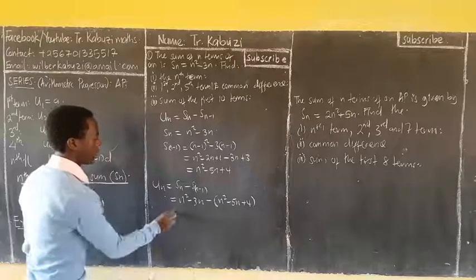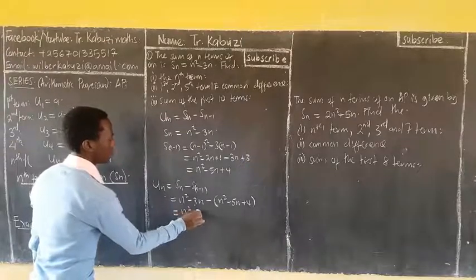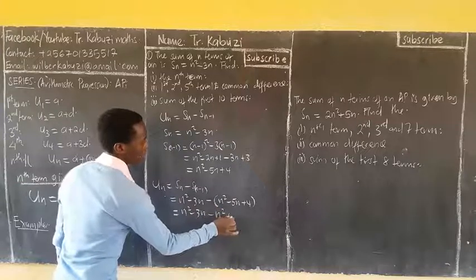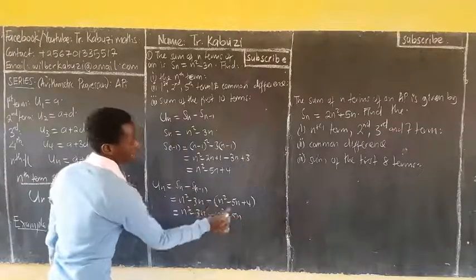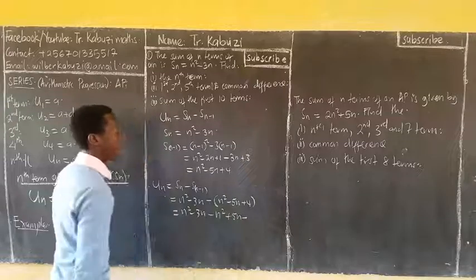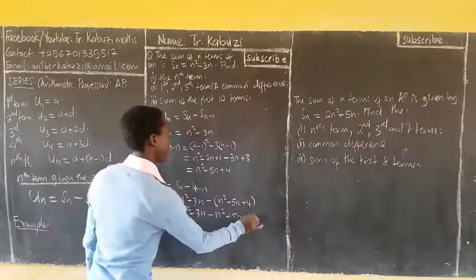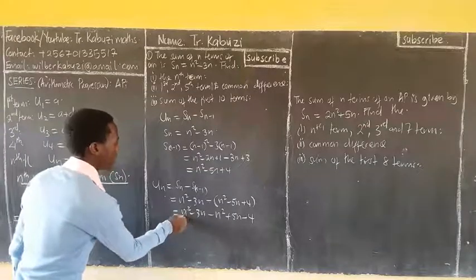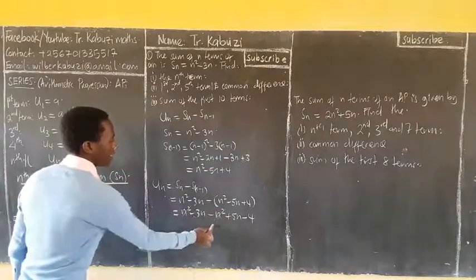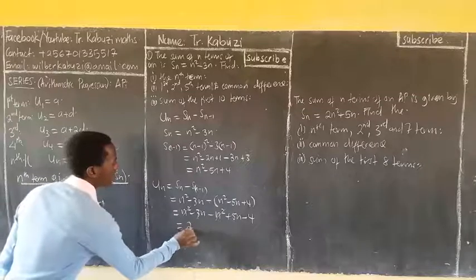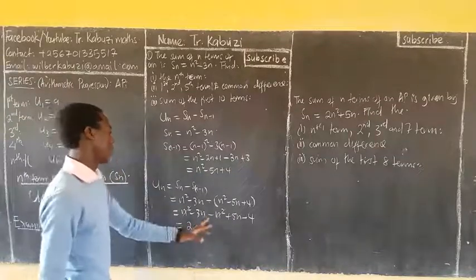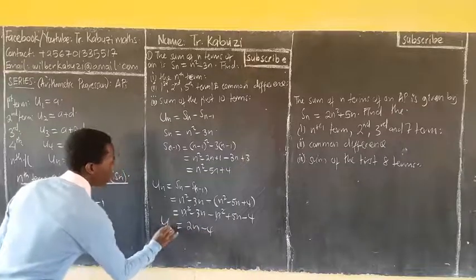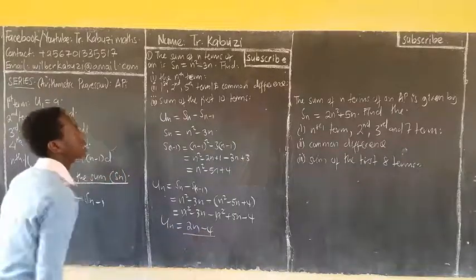Opening brackets, you see this minus makes this positive, and then this minus this, you get now minus 4. So you see this n squared will vanish, then 3n plus 5n, we shall get 2n, then you see negative 4 will be surviving. So the formula for the nth term is this.